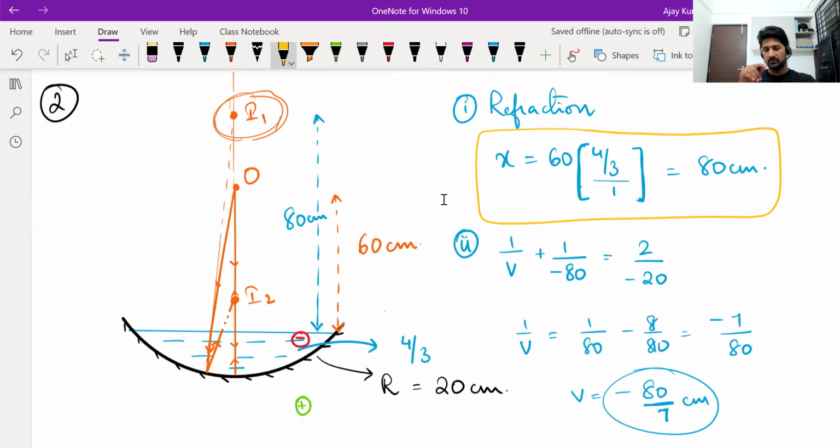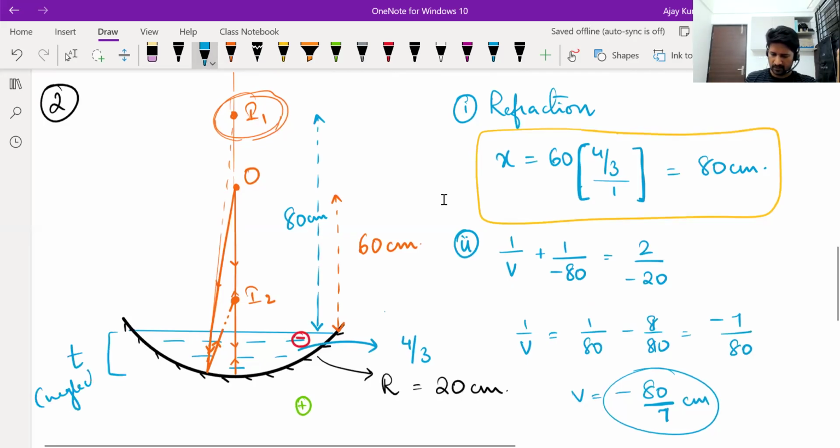Okay. Now, that first image formed by refraction at the water surface behaves as the object for the reflection at the mirror. So I1 is the object for the reflection from the mirror. So how far is it from the mirror? Actually, from the water surface, it is 80 centimeters. We are ignoring this thickness. Then you can say from the mirror also it is 80 centimeters. So object distance from the mirror is 80 centimeters.